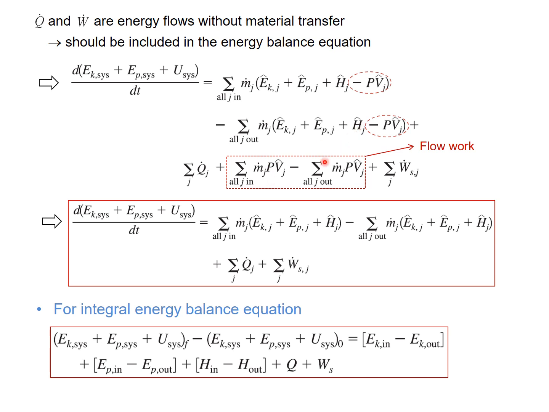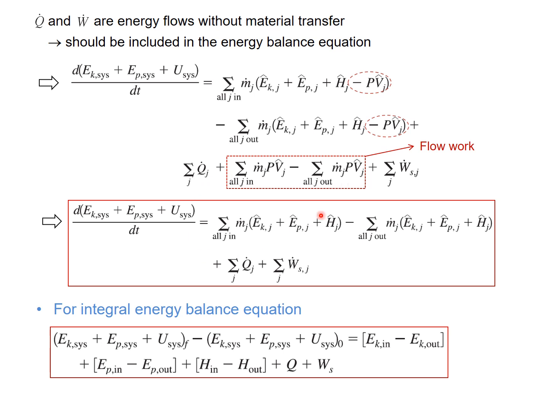This PV term is cancelled by this term, this term, this term, that term. So it means the PV term is merged into enthalpy term. Then in the final equations, you don't need to think about the PV term.